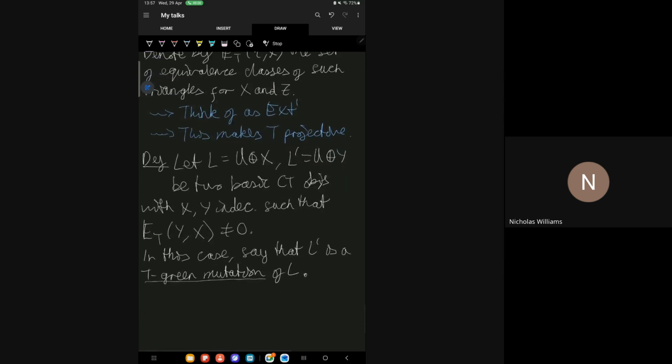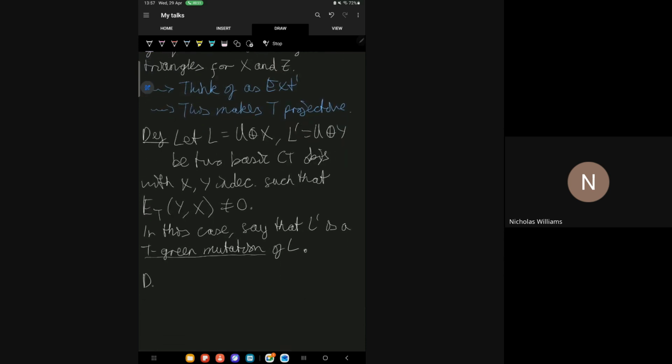And now I can say what a maximal green sequence is. So definition.